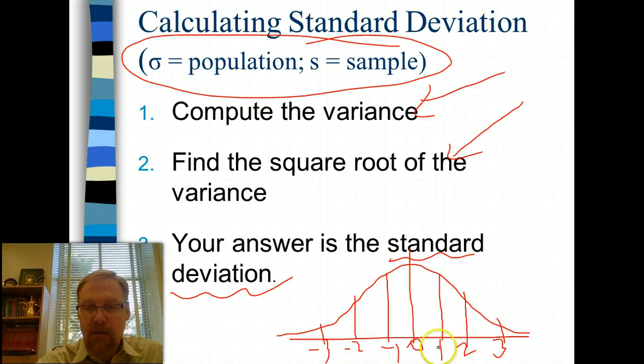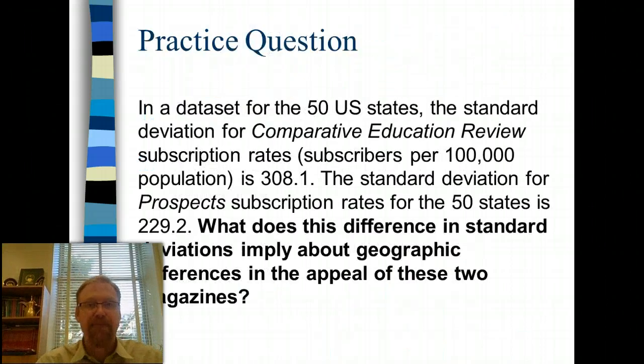This is 1, 2, 3 standard deviations from the mean. Remember, the mean, median, and mode in a normal distribution are always in the middle. This is 1 below, 2 below, 3 standard deviations below the mean. So it's a way for us to begin to visualize and to begin to conceptualize what that variation looks like.